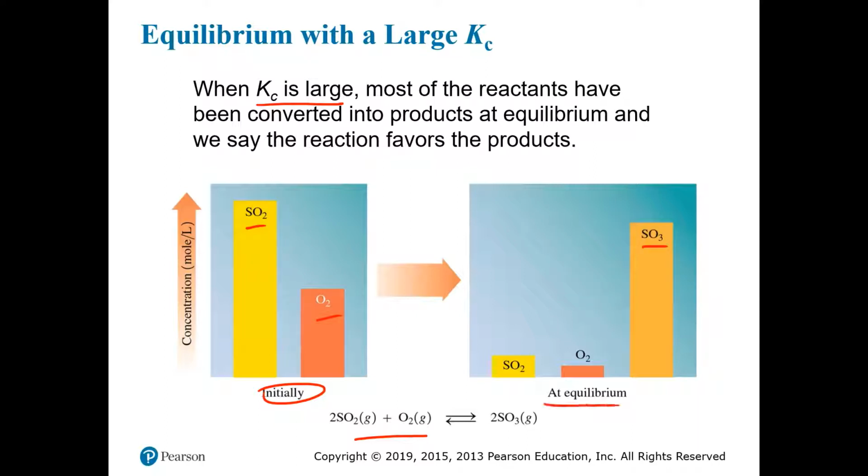So at equilibrium, you can see we have very little sulfur dioxide and oxygen left, and much more of the product that's been formed. Again, the product is on top and the reactants are on bottom, so a larger number on top and a smaller number on bottom gives you a large value for the equilibrium constant, Kc. In this case, we say that the equilibrium reaction favors the product side.